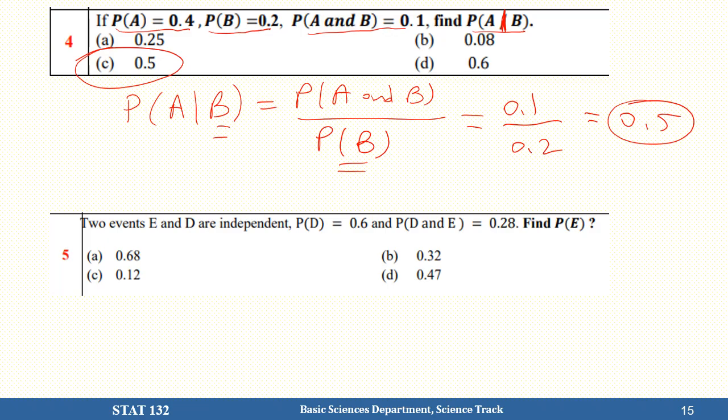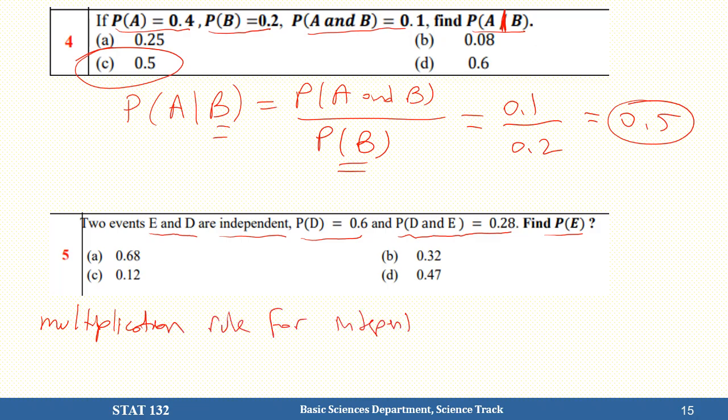So this is a direct use of the conditional probability formula. Now, two events E and D are independent, P(D) is 0.6 and P(D and E) is 0.28. What's P(E)? Now let's look at the multiplication rule for independent events.